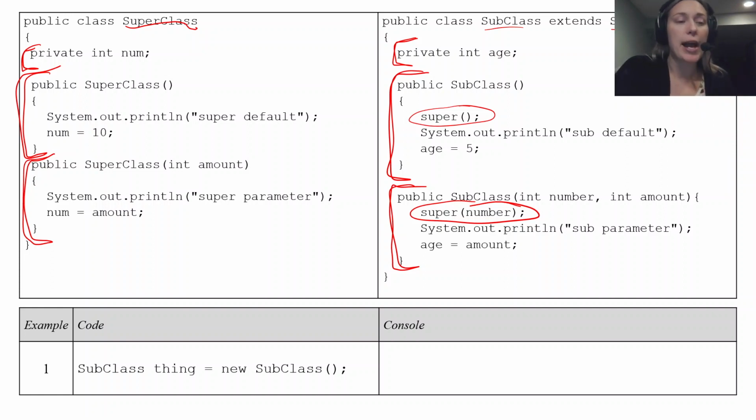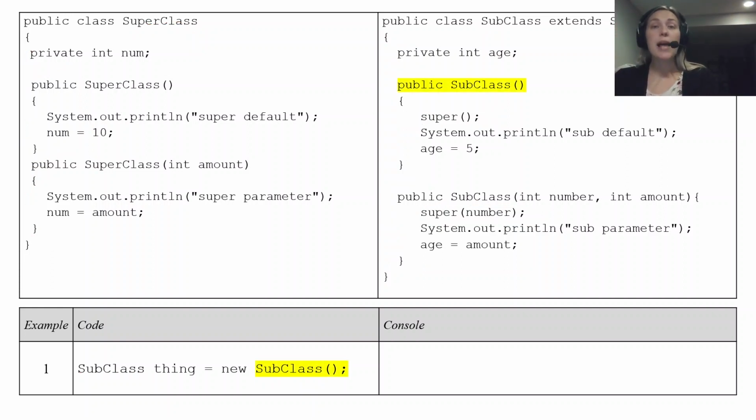So in this example, I have subclass thing equals new subclass. So no upcasting. Subclass equals new subclass, what we've always been doing. So I go to the subclass's constructor, the default constructor. The first line is the super's default constructor, so I go over here and I run the super's default constructor.